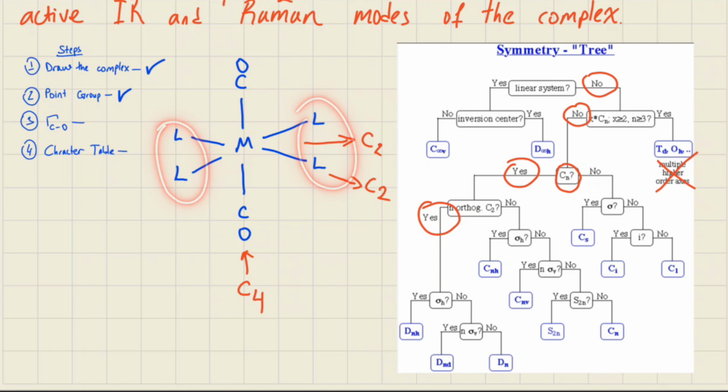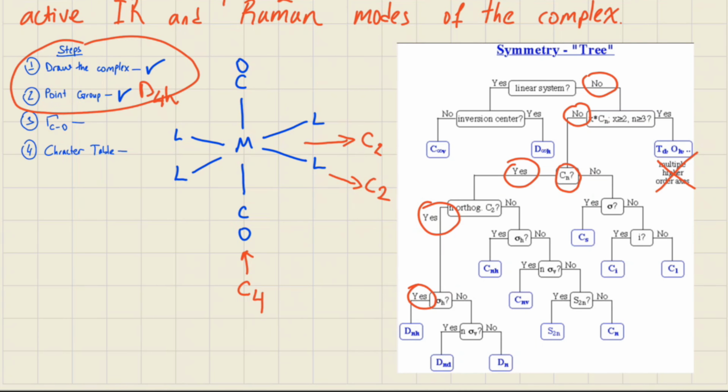So we have sigma h. The answer is yes, and therefore our point group is D4h.